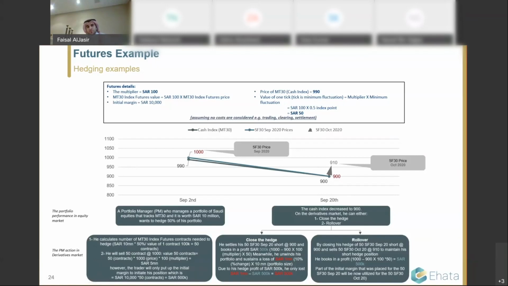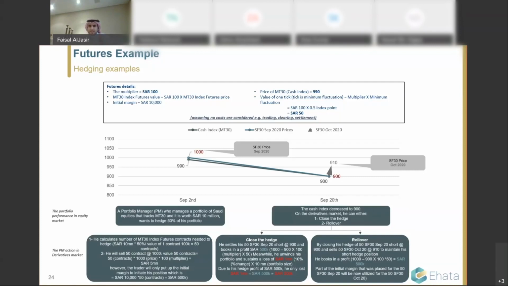The hedge made him a gain of 500,000 Saudi Riyal, meaning that instead of having a loss of 1 million Saudi Riyal, he managed to reduce that loss by 50% to a loss of around 500,000 Saudi Riyal.